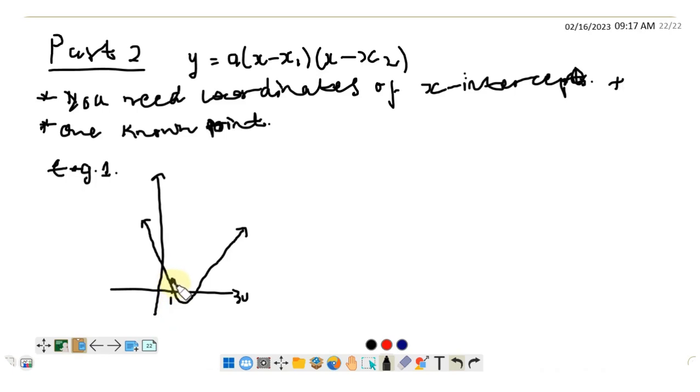I'll call this one A, and this one I'll call B. The x value here is 1, the x value here is 3, and the y value here is 3 as well. So I have the coordinates of the x-intercept, and I have one extra coordinate on the graph. It can be any other coordinate, it can be anywhere. Here's what I choose. Okay.